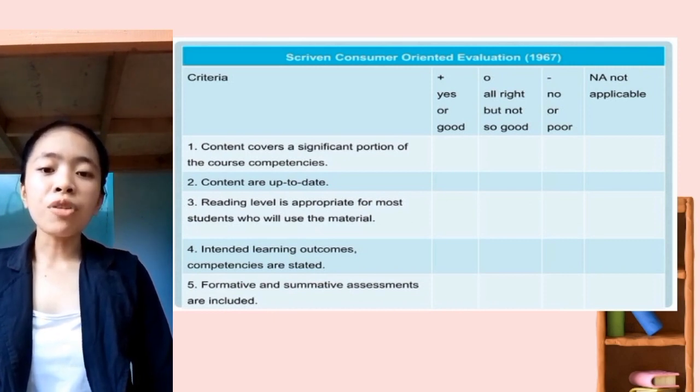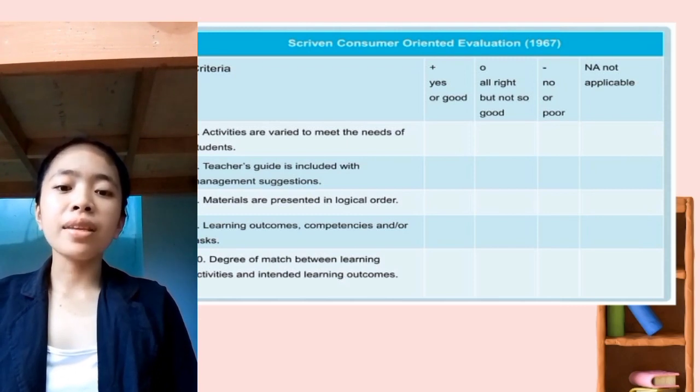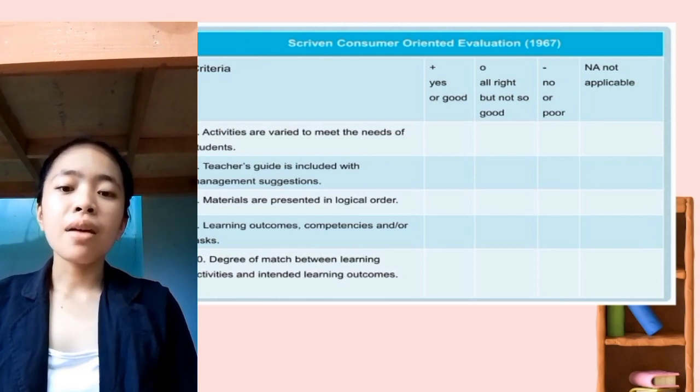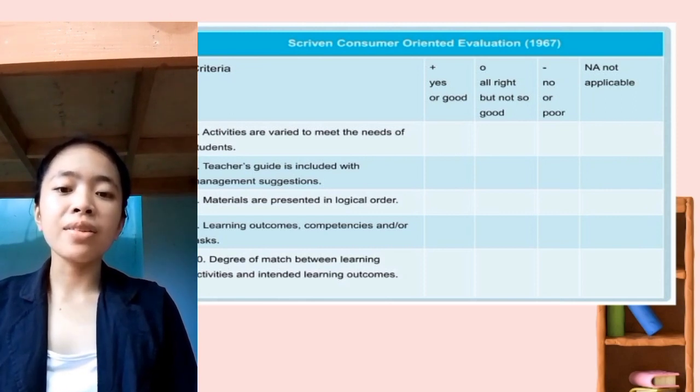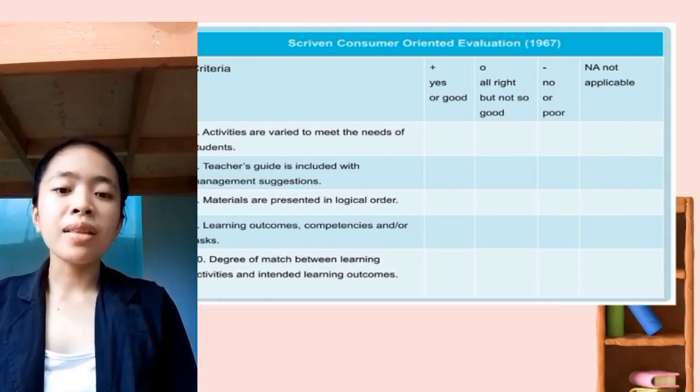Fifth, formative and summative assessments are included. Sixth, activities are varied to meet the needs of the students. Seven, teacher's guide is included with management suggestions. 8, materials are presented in logical order.